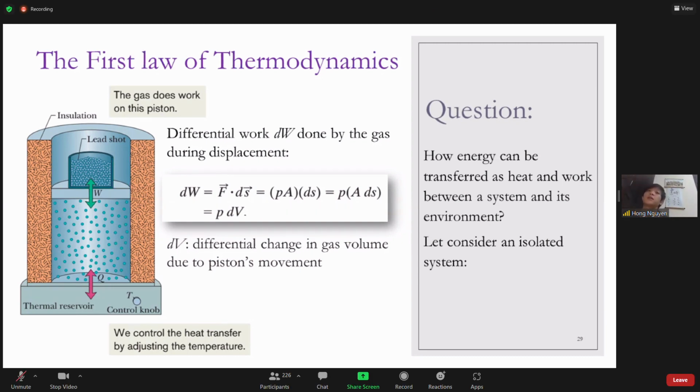Okay? The differential work done by the gas during this displacement is actually the product of the pressure and the differential change in the volume. Is it okay? Is it good?